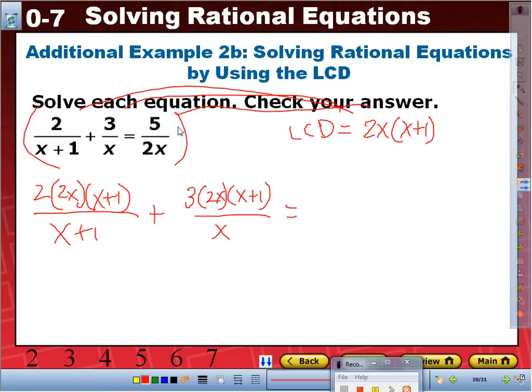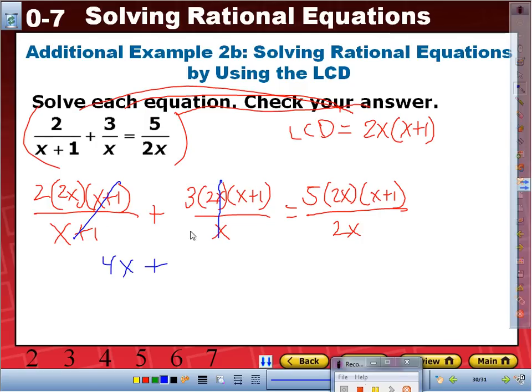X equals, what's here? 5 times 2x times x plus 1 over 2x. Are we there so far? And when we simplify, do you see the giant 1 here? We're left with 4x plus, you see the giant 1 with the x's. What is 3 times 2? 6 times x plus 1 equals 5 times x plus 1. Do we know what to do from there? Yeah. All we have to do is distribute, solve, and go.